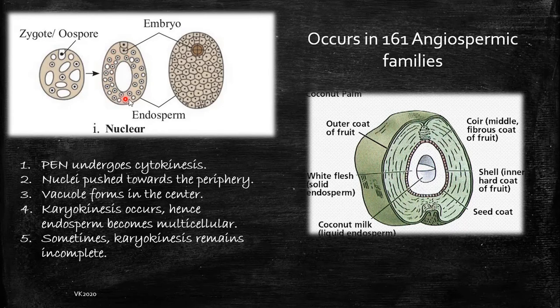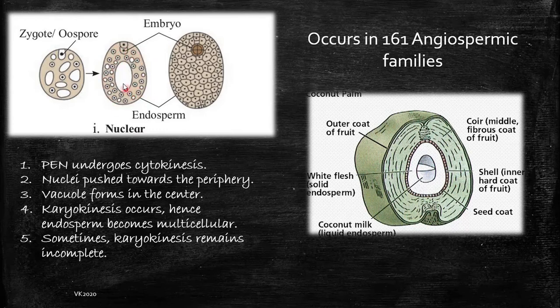So all the nuclei you see here do not have any cell walls around them and they have been pushed to the periphery, and a vacuole is formed in the center. When the nuclei are pushed, that is the time they start cell wall development, and finally the endosperm can be called multicellular because there are many cells present here.